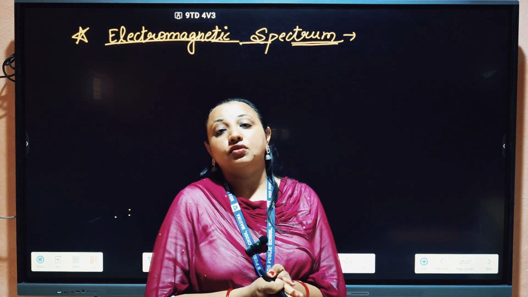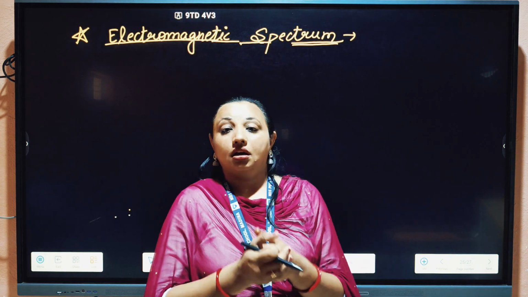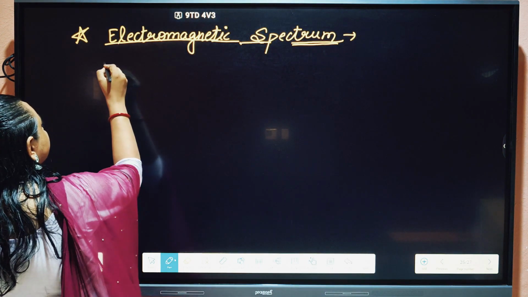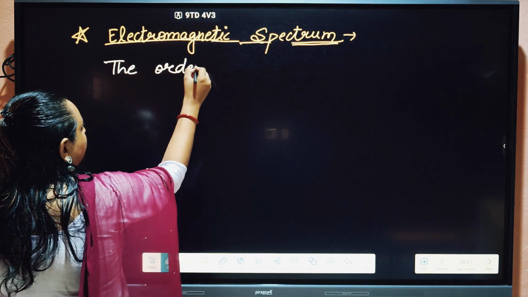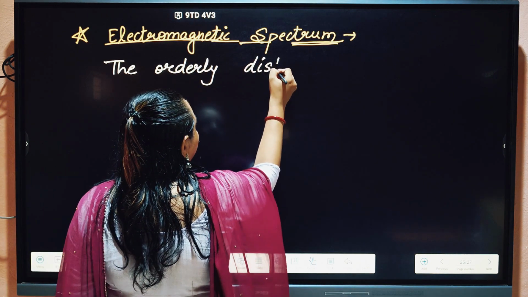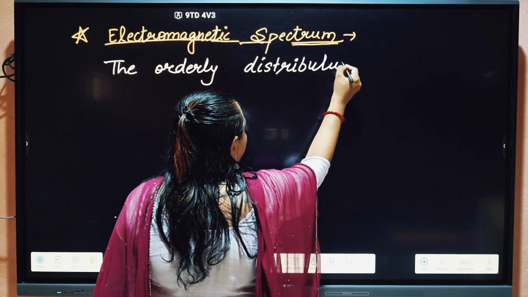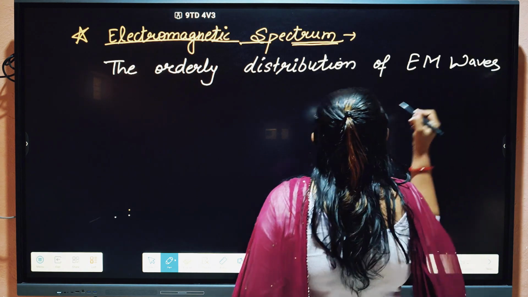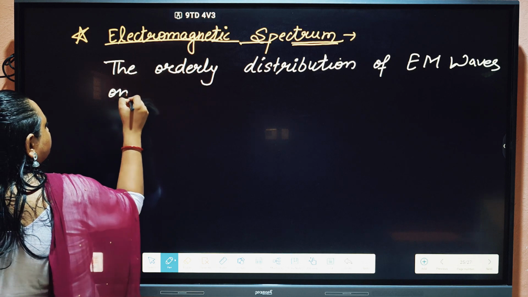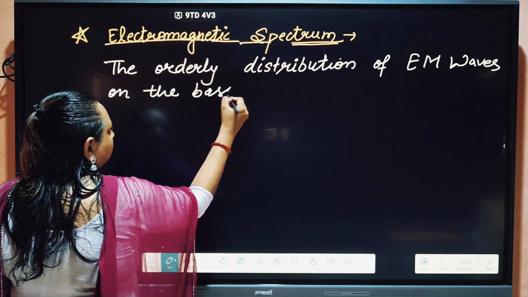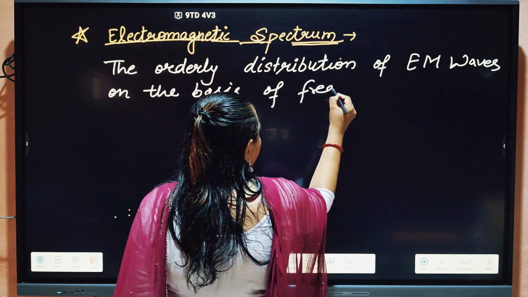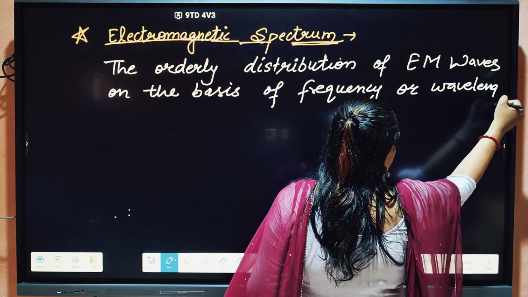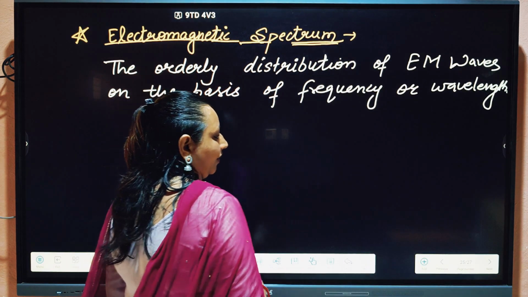It is the orderly distribution of electromagnetic waves on the basis of frequency or wavelength.